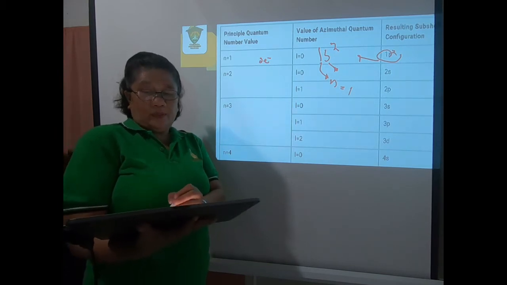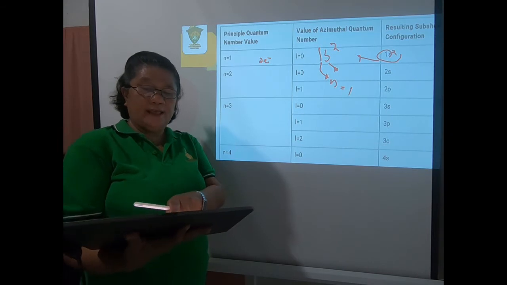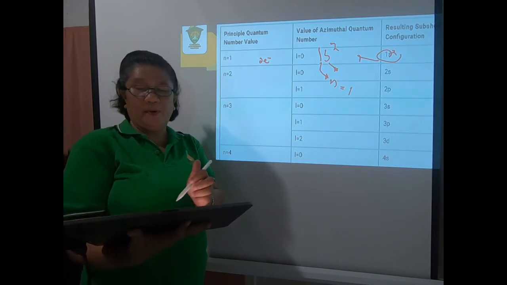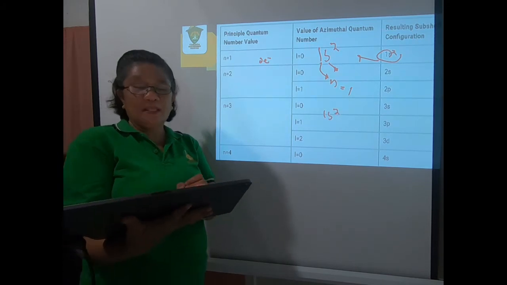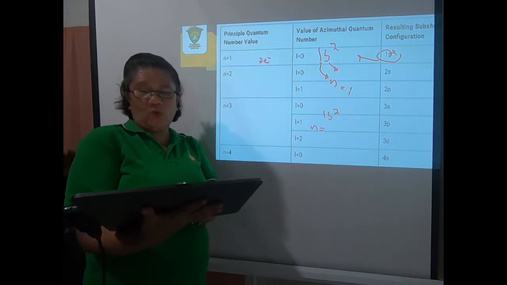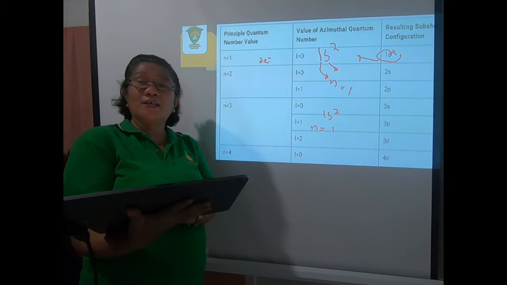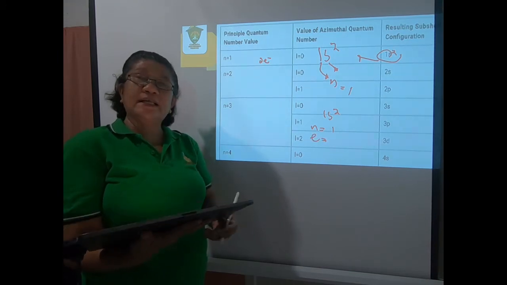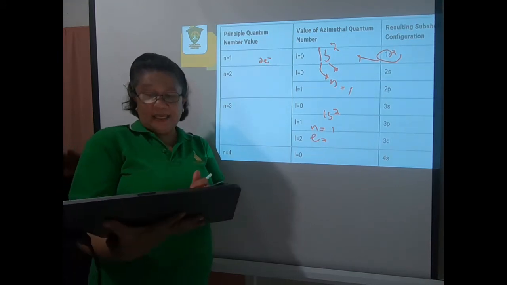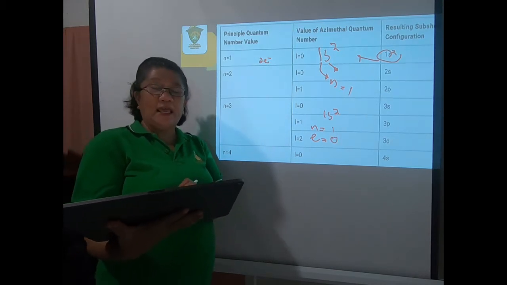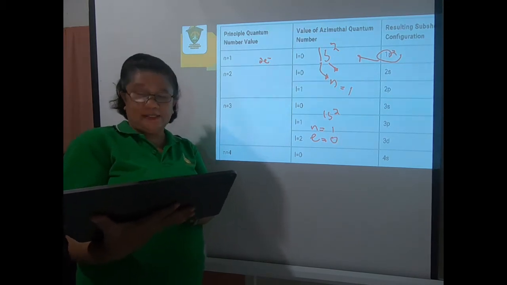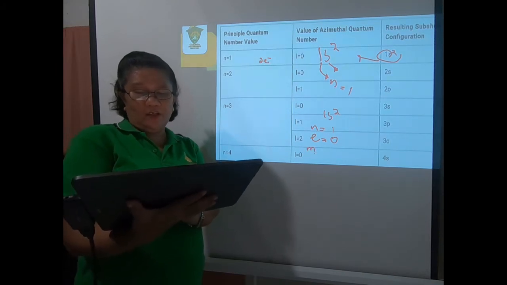So if you have 1s2, what will be the value of your n? That is 1. What will be the value of your l, the second quantum number? That is 0, because we already know when it is s, that is 0. What will be the value of m sub l?